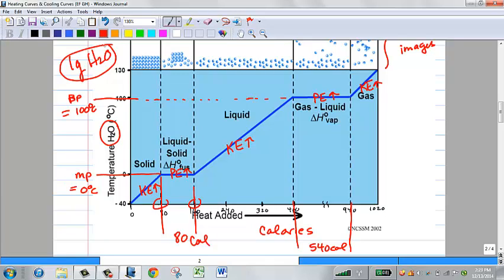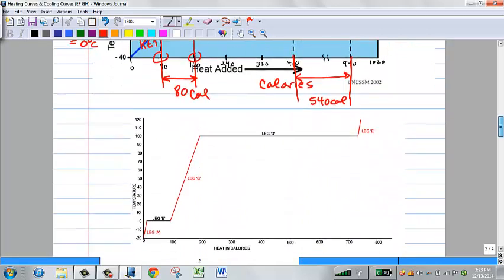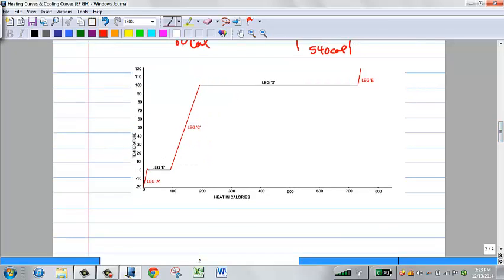If you had real values on the x-axis, you could read the heat of fusion. It's this difference. And the heat of vaporization, it's this difference. This is what that graph really looks like then. We can see here this difference. We go from 20 to 100, so this difference is 80. And we can see here we go from 200 to 740.